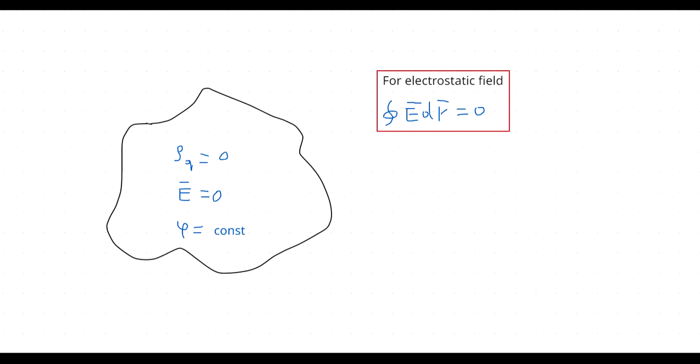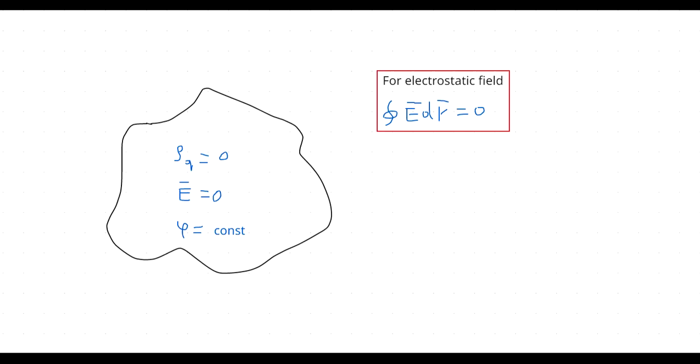So it is not enough to produce electric current, and it means that on the surface of the conductor there will not be any direct electric current.